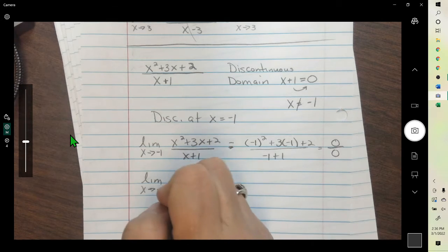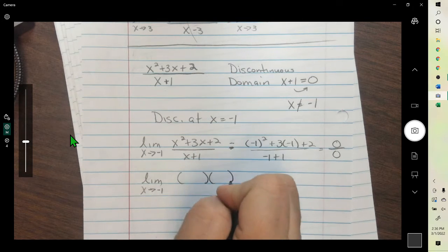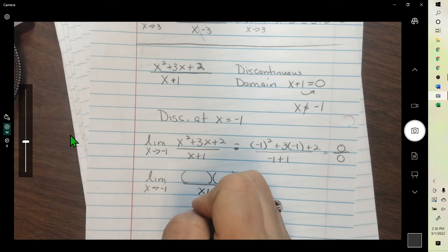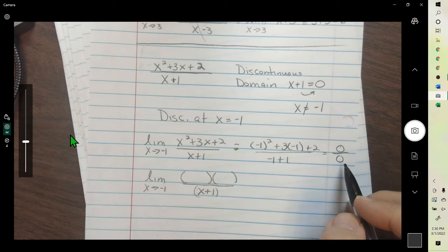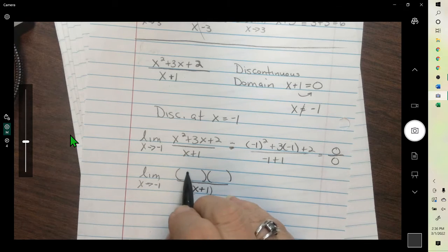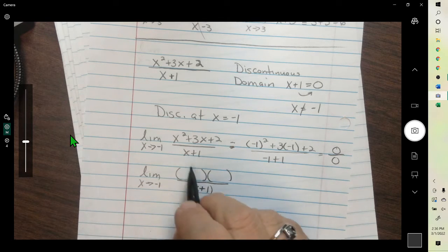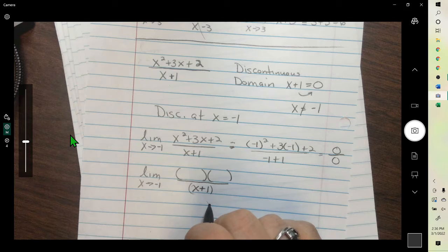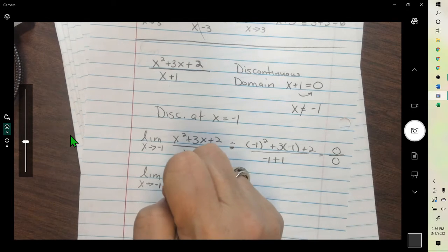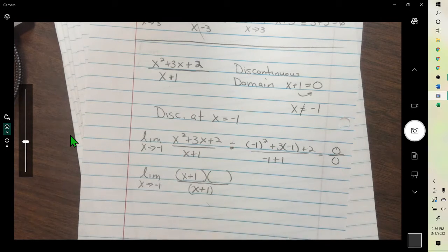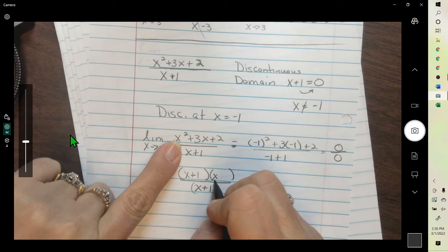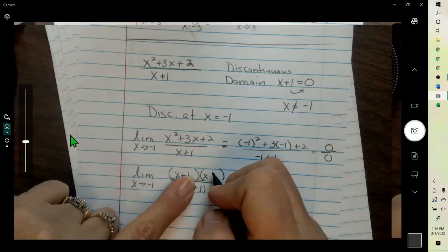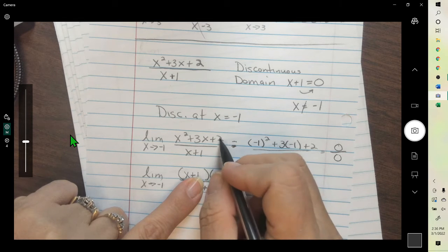So if we factor the top, now if you're having a little trouble getting the top factored, because we got 0 over 0, this factor is going to be up there, because that is what caused the 0. So we know we need x plus 1. x times x will get us x squared, and 1 times 2 will get us a 2.